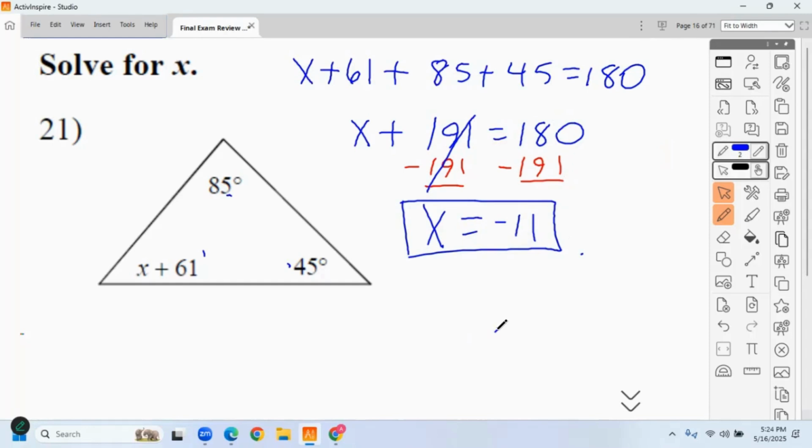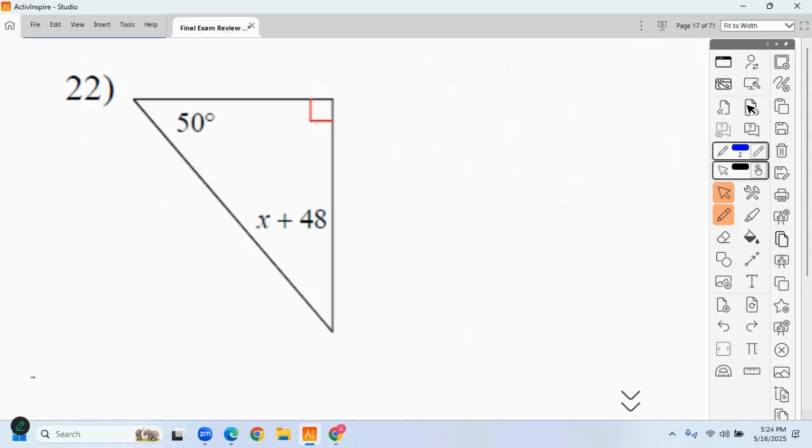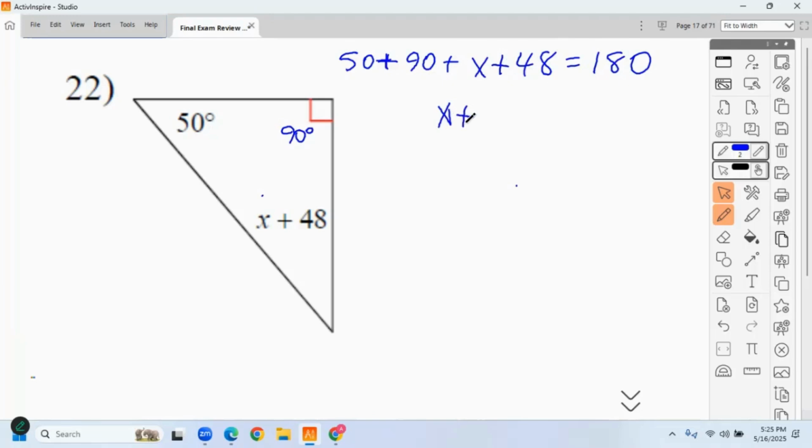All right. Let's move on to the next, which is 22. Now, notice right here you have a right angle, so that's 90 degrees. 50 plus 90 plus x plus 48 is equal to 180. Now, if we add this stuff together right now, this is going to be x plus 188.